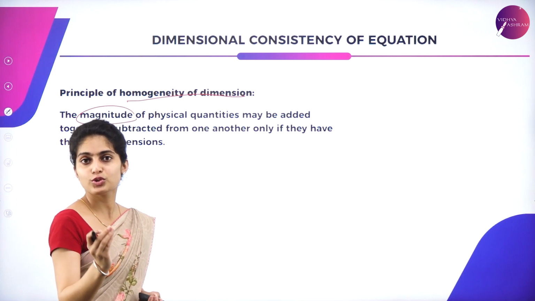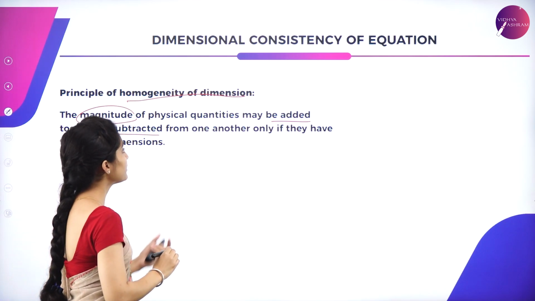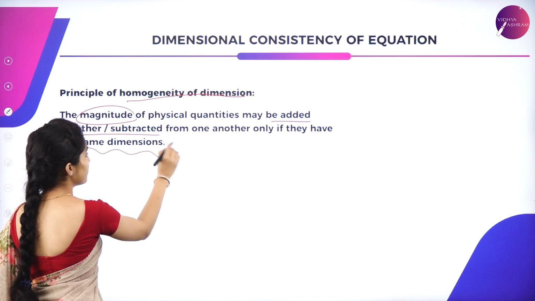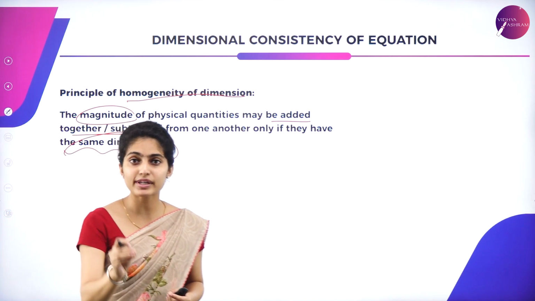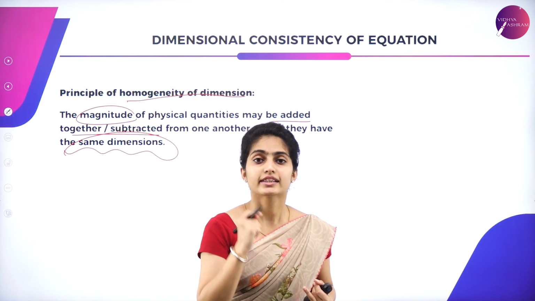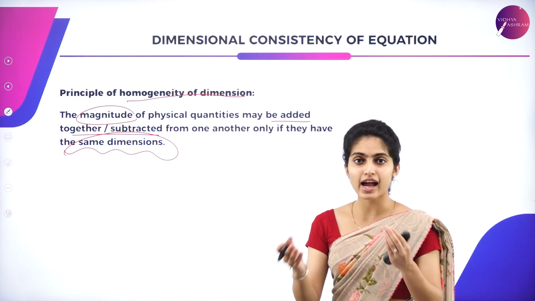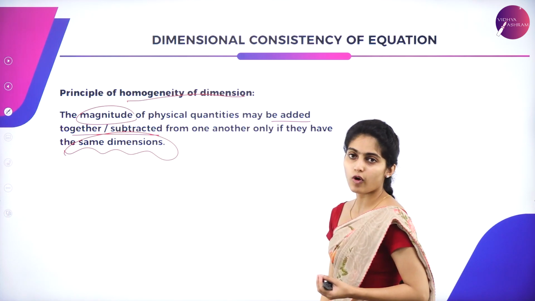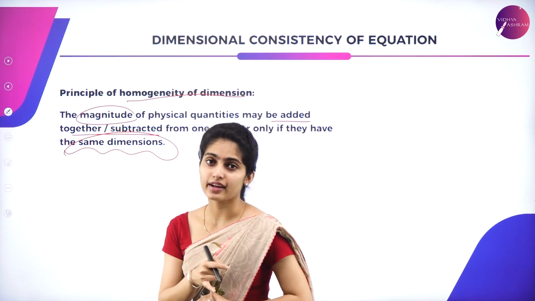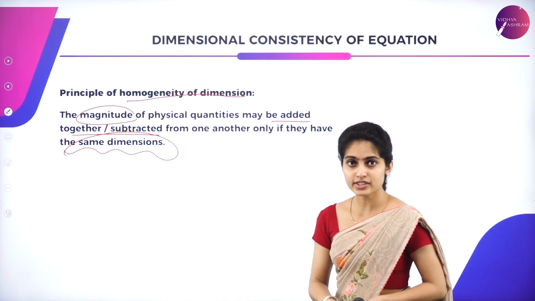Okay, so the magnitudes of physical quantities may be added or subtracted from one another only if they have the same dimensions. So only if there is a presence of same dimensions, only then you can either add or subtract it. This principle is known as principle of homogeneity, that is identical, homogeneity of dimensions.